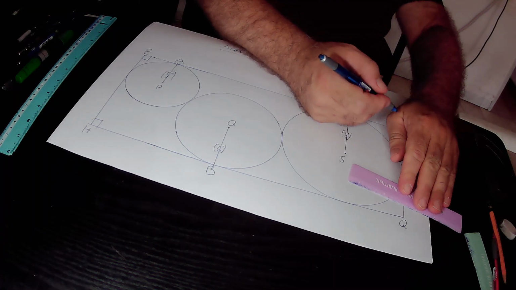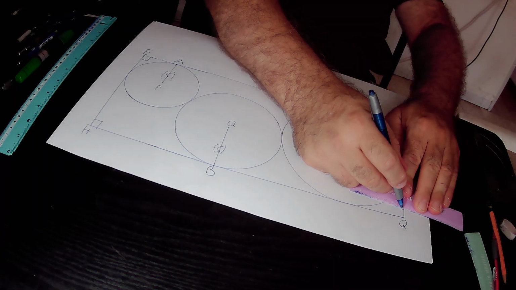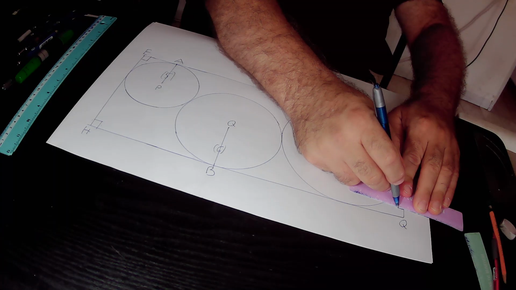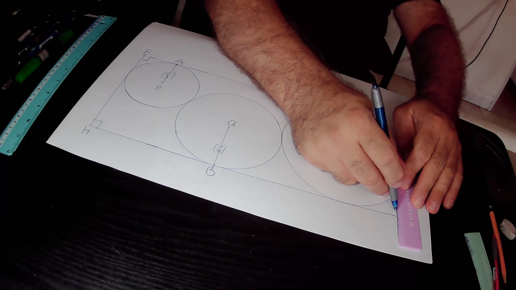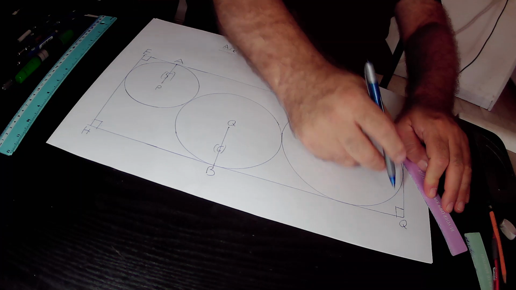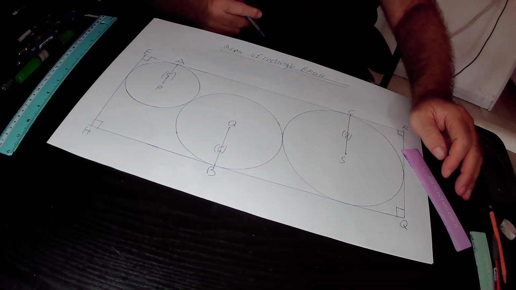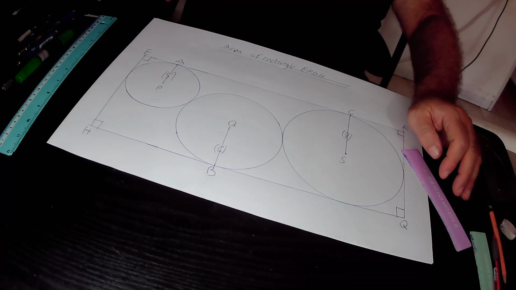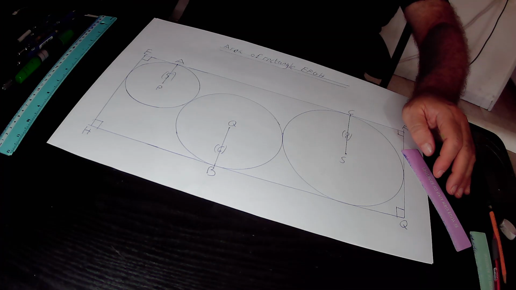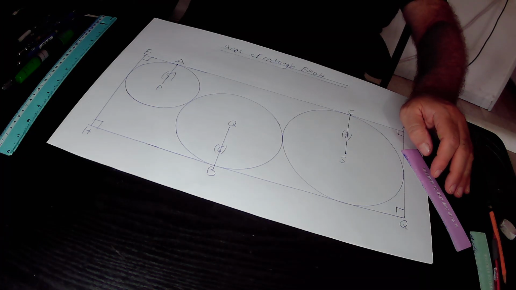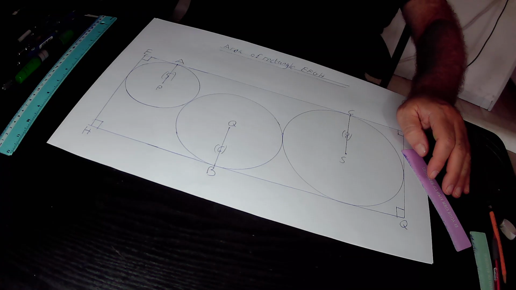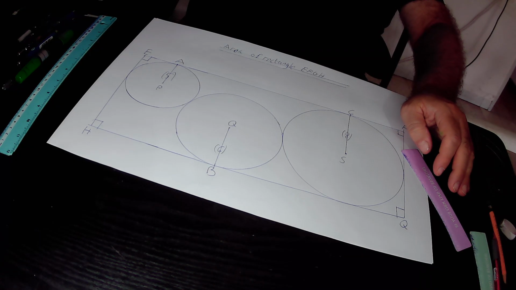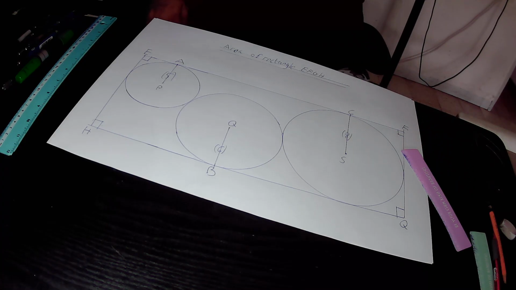And this is also a right angle. Here we can implement rule 1. According to rule 1, a tangent to a circle is perpendicular to the radius drawn to its point of tangency. We can implement rule 1.